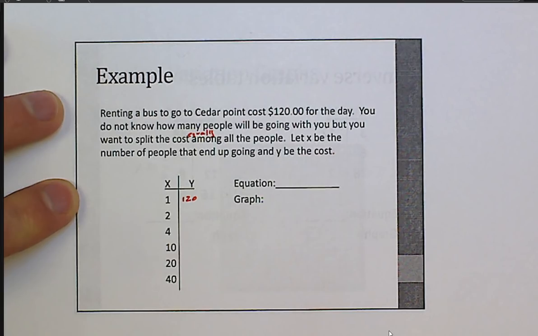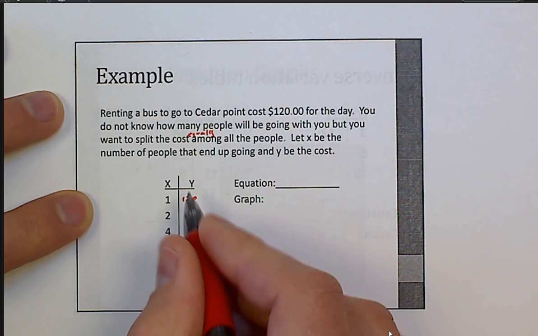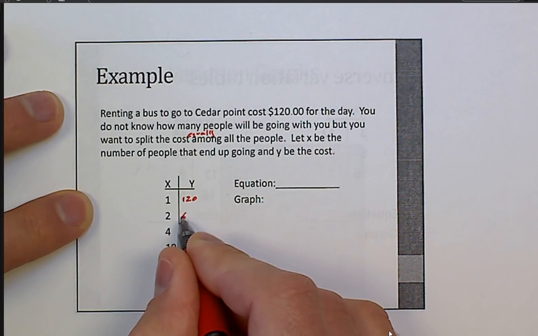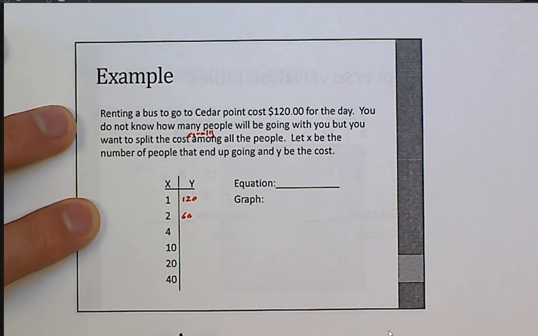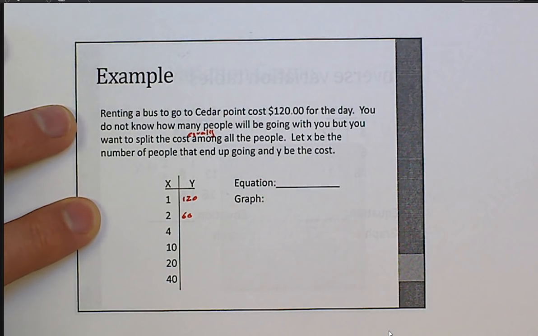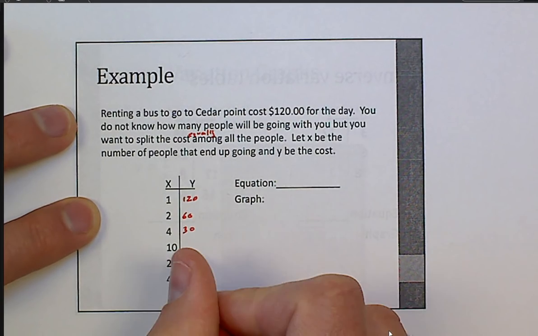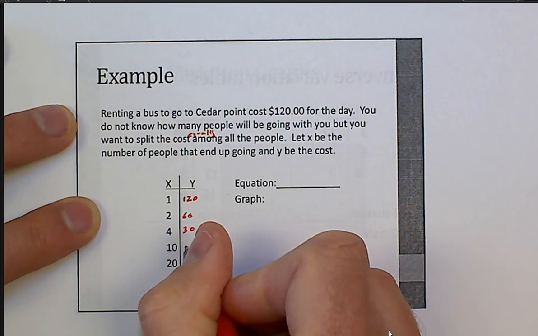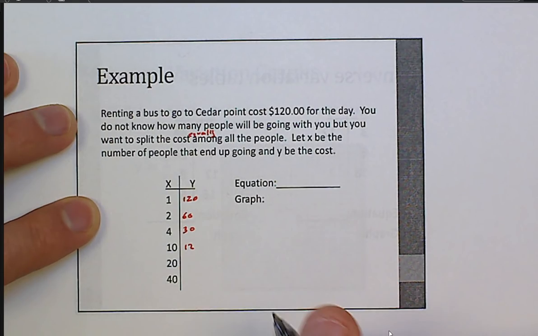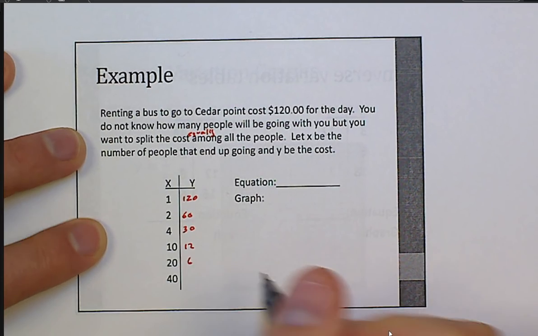But let's keep going. If two people ride the bus, then that $120 gets split into $60. If 4 people ride the bus, then it's going to be $30 per person. And then this should be $12 per person, and then 6, and then 3, right?